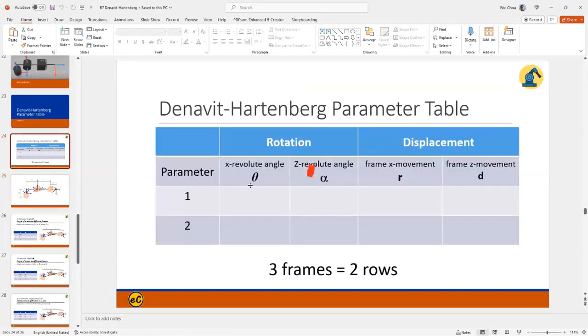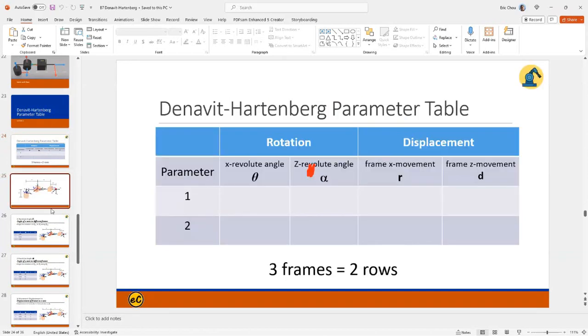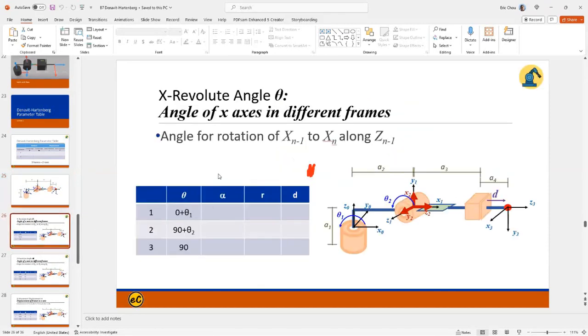Theta 1 should be the theta that you rotate on the first frame. The other one is D, the displacement, which is the A that you show up here. We do every single one of these.